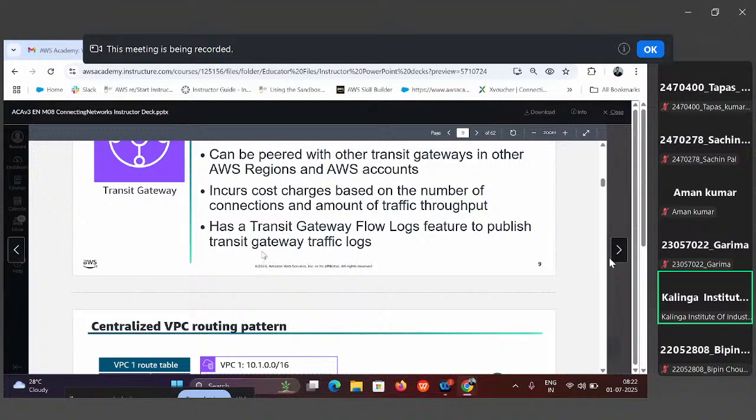So in this case, again there will be cost variations, and also bandwidth variations. You can also see throughputs.